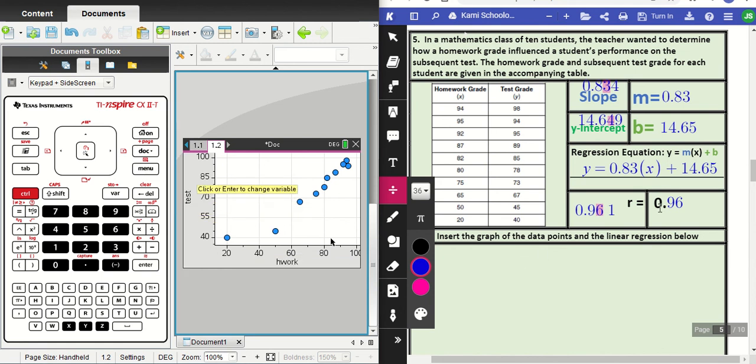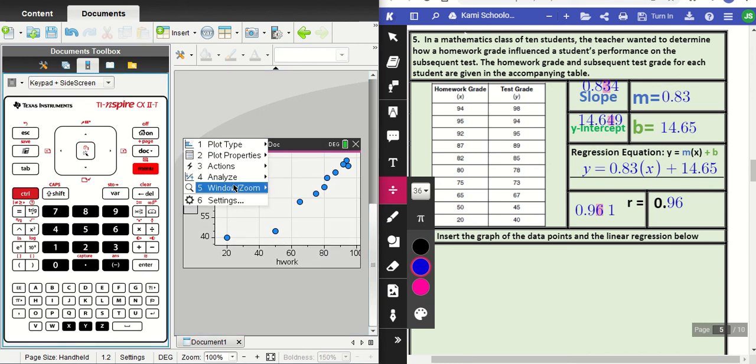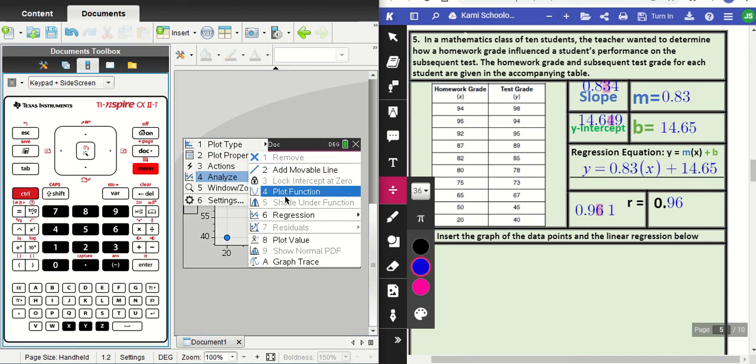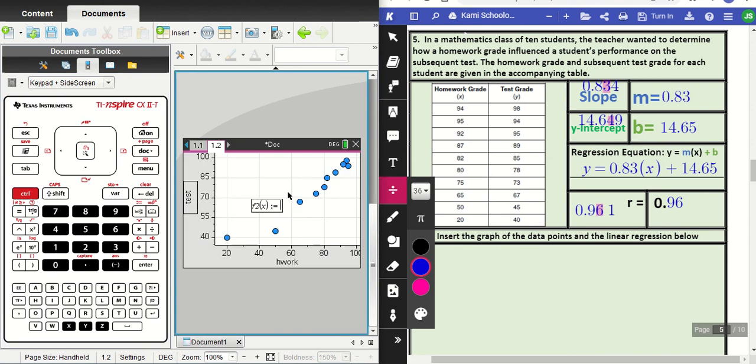Now, I want my linear regression equation. So, menu, analyze, I want to plot a function. My function is 0.83x plus 14.65. And that's the picture that I want to take and put in my document.